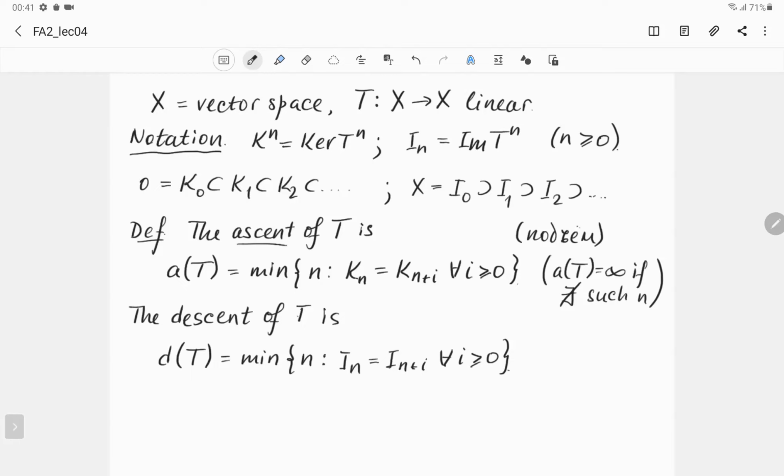And again, if there is no such n, then we say that the descent of T is infinite. And in Russian, descent is спуск.